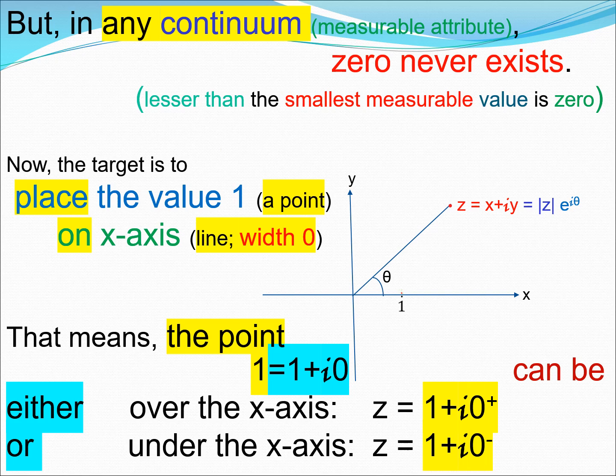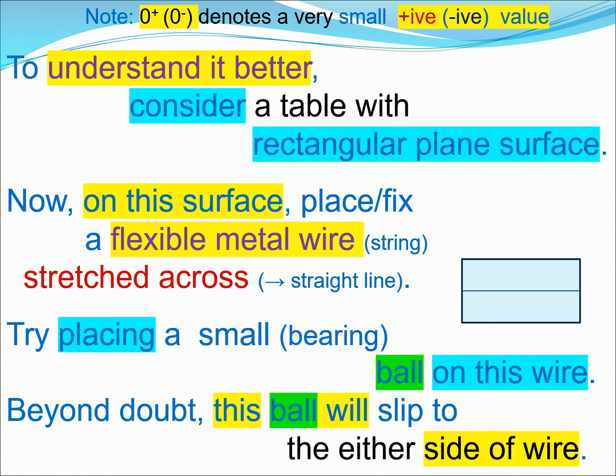Now we are to place 1 on the line with width 0. So the point on the line with width 0 will be either above the line or below the line. You can understand it better if we consider a table, a rectangular plane surface, and we fix a wire stretched across this table as a straight line, and we try to place a ball bearing or say a playing marble on this wire, and we see that the ball will slip to either side of the wire.